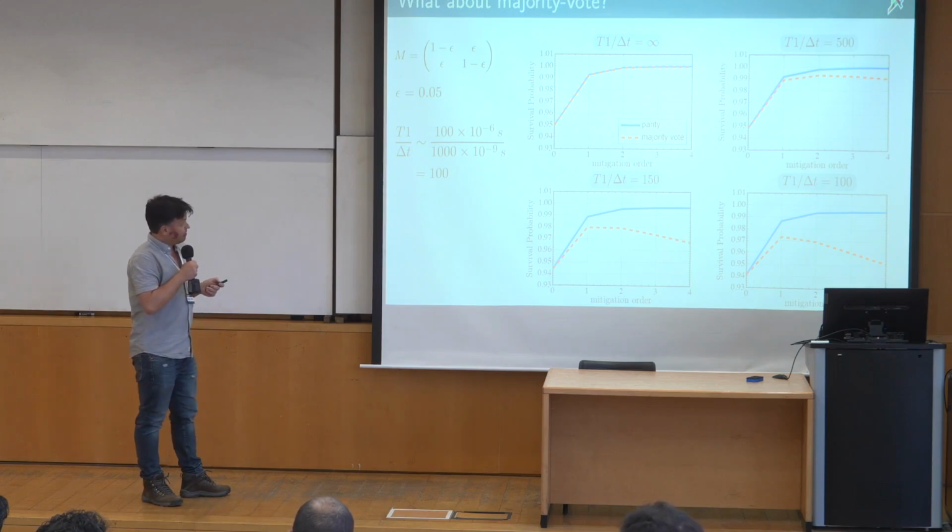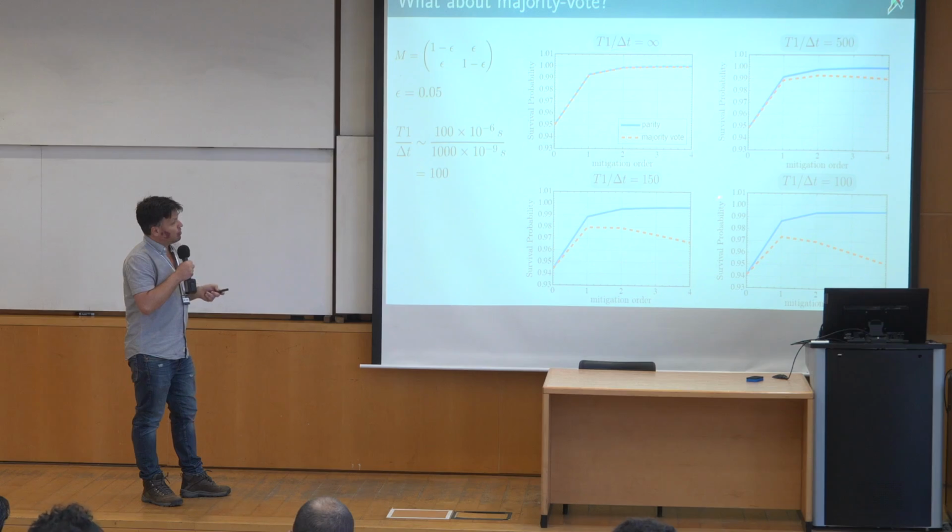As you can see, if T1 is very long, then of course majority vote will work because the qubits will not decay, and parity and majority vote work equally. But when we go to more realistic scenarios, we can see that majority vote doesn't work, but the parity keeps working.